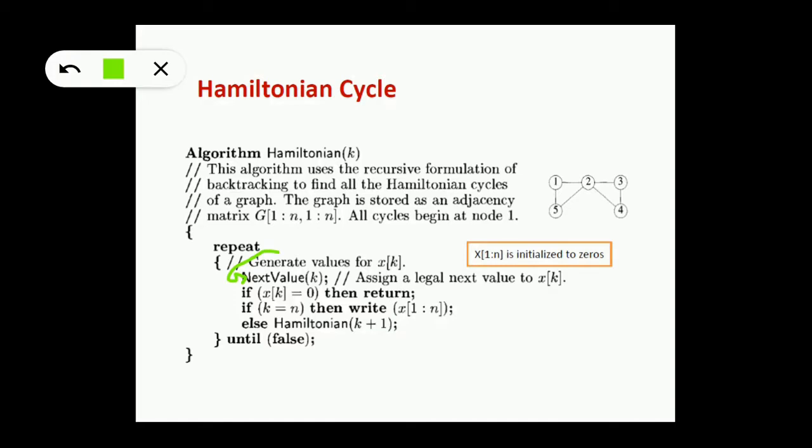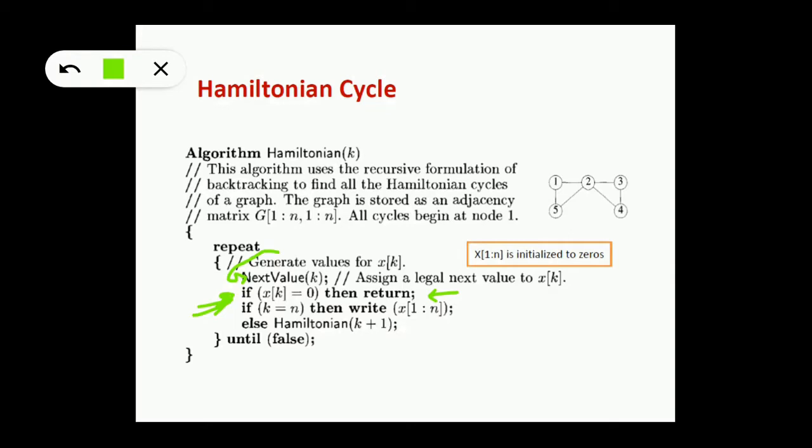And in case we are not able to find the next vertex, then we have to backtrack to the previous vertex, which is done by this statement: if x of k is equal to 0, then return.